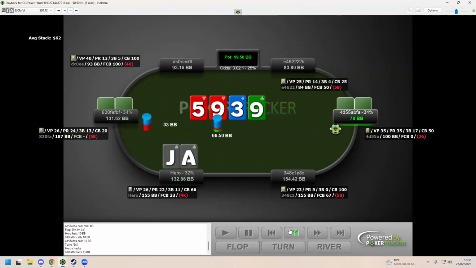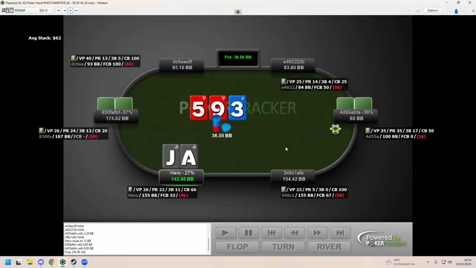In the first one, let's say it would be the initial raiser who gave up. So now we're out of position, but you're against a very interesting range, because he called twice, which is kind of weird. What cards does he not have that you have? What combos does he never have that you have?